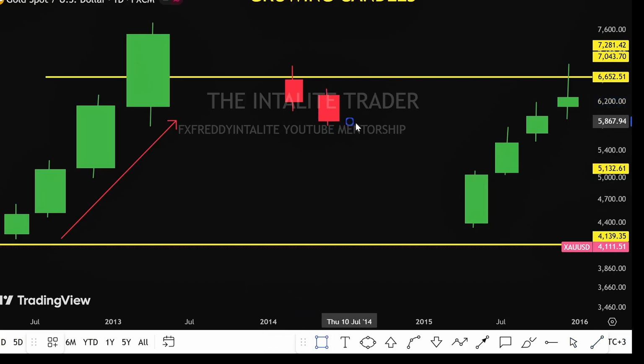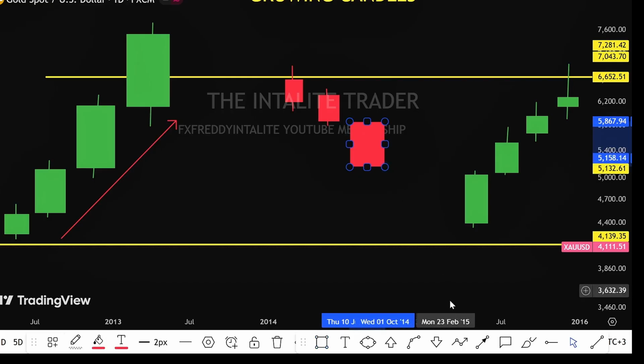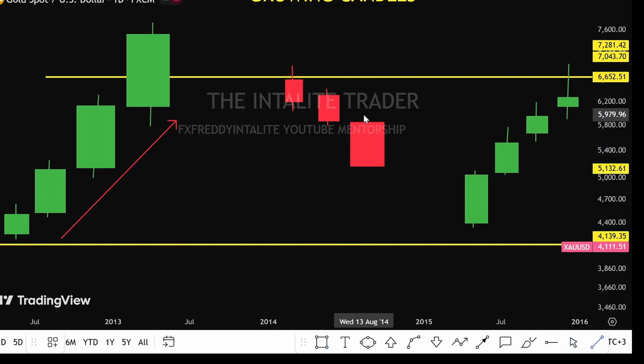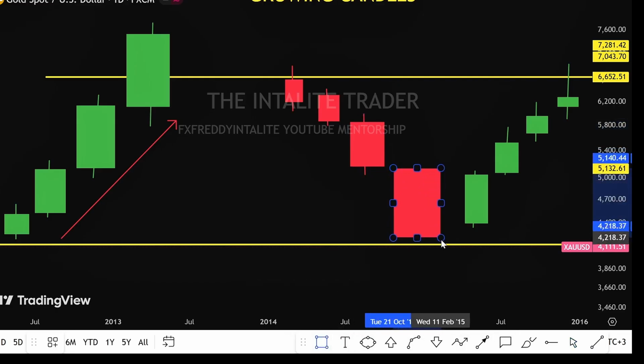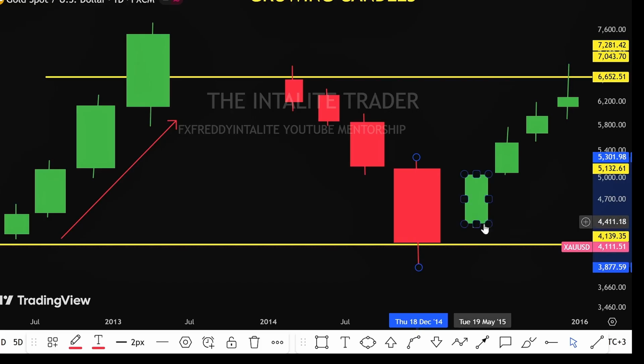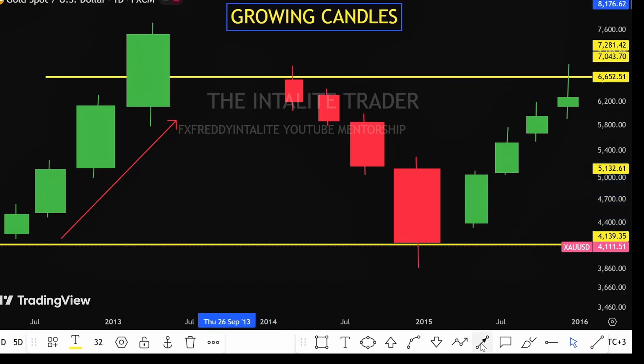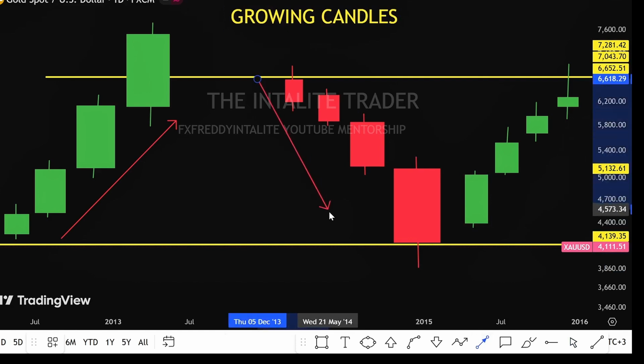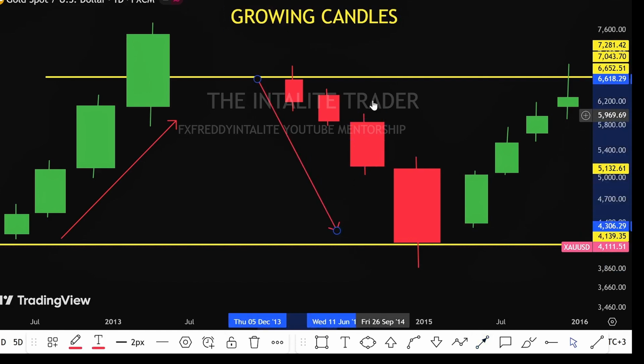Another candle opens, it grows and becomes bigger. Then another candle opens, it grows. So the candle body sizes and shapes keep becoming bigger and bigger as price continues to go down. So these are called growing candles.